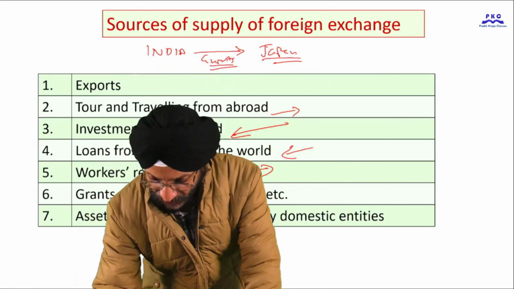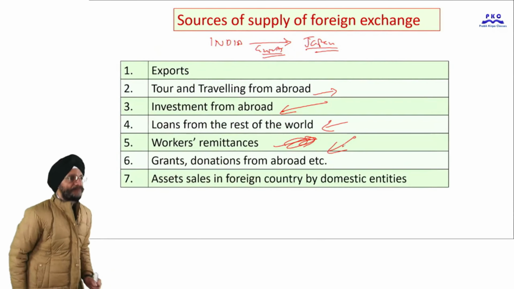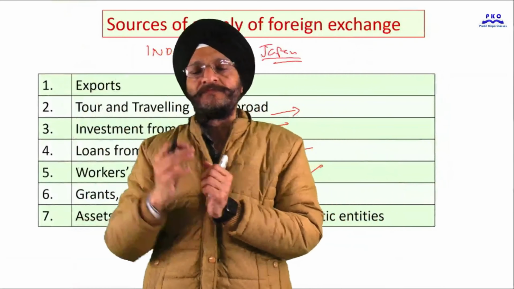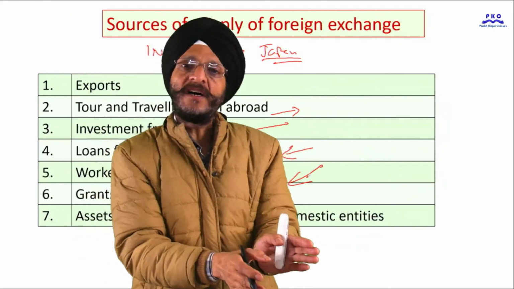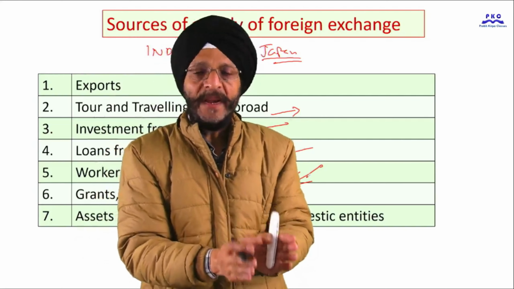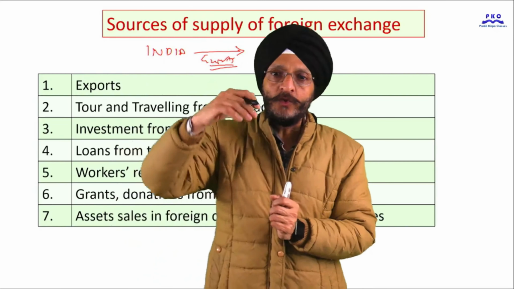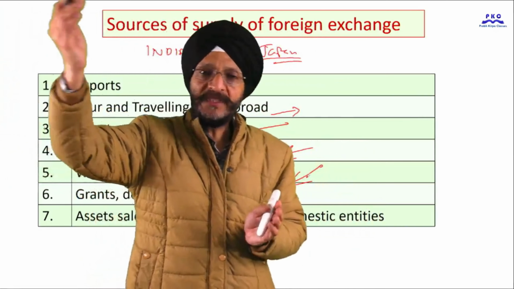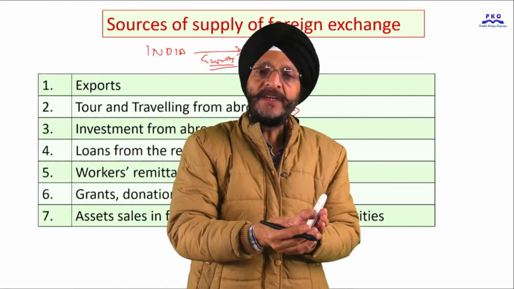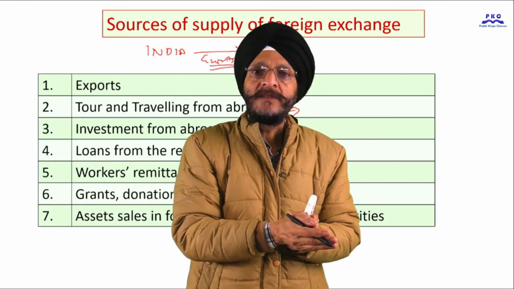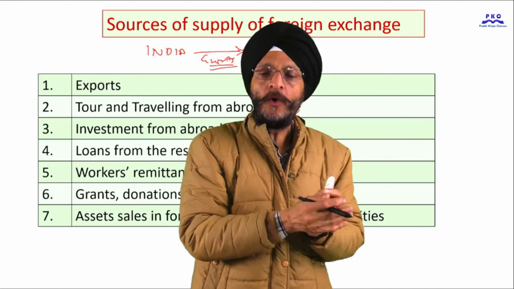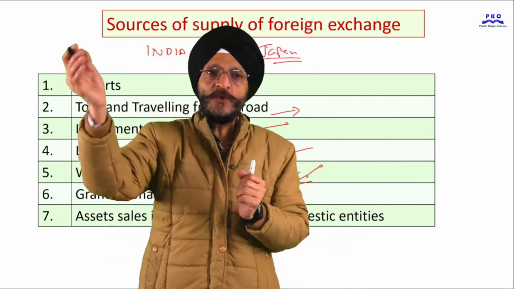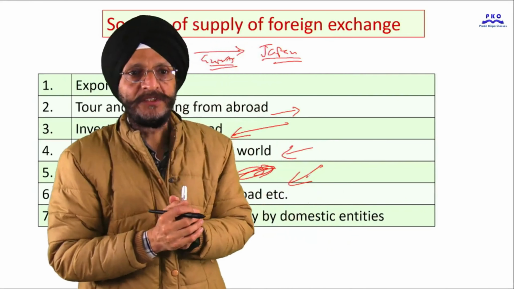Then there are persons who are from our country but working abroad. Their families are living back in the home country. So the workers of our country who are working abroad may be sending money to their families in the home country. This results in the inflow of foreign exchange, or supply of foreign exchange.